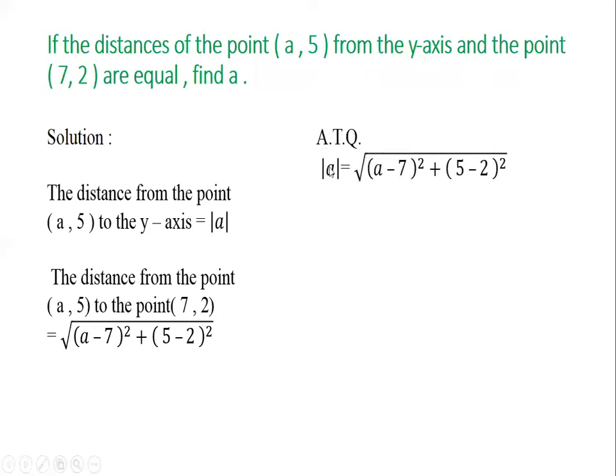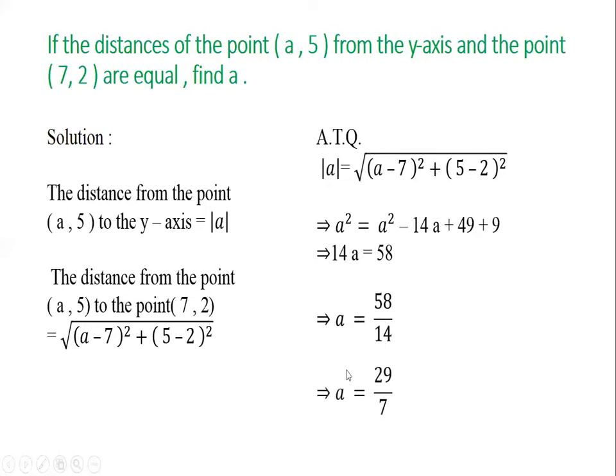According to question, absolute value of a equal to root over (a minus 7) whole square plus (5 minus 2) whole square. Squaring both sides, we get a square equal to a square minus 14a plus 49 plus 9. After calculating, we get 14a equal to 58. So a equal to 58 by 14. So finally we get a equal to 29 by 7, which is our required answer.